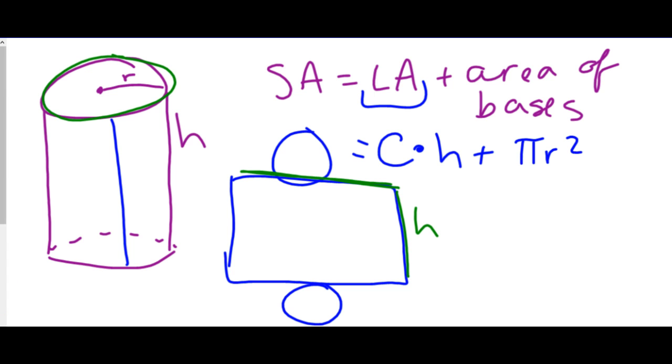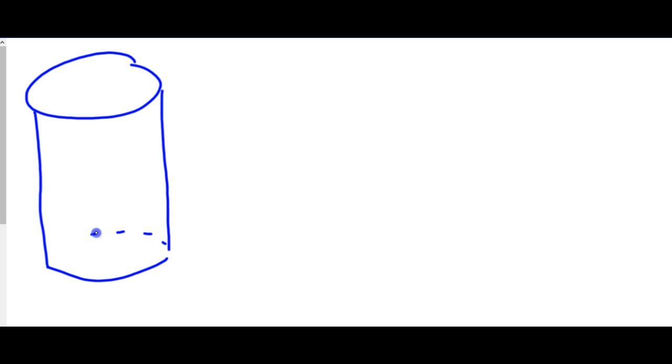So let's do an example of the area of a cylinder. So let's say I give you 12 for the diameter. The area formula uses radius, and the circumference formula, you have two options.